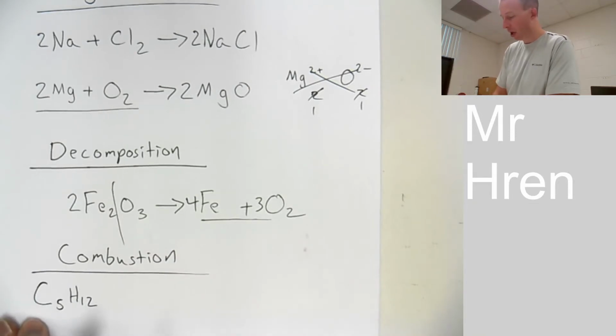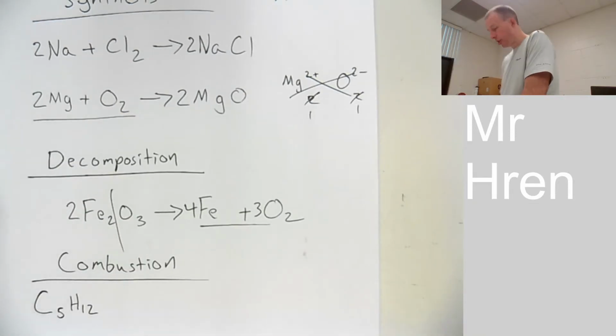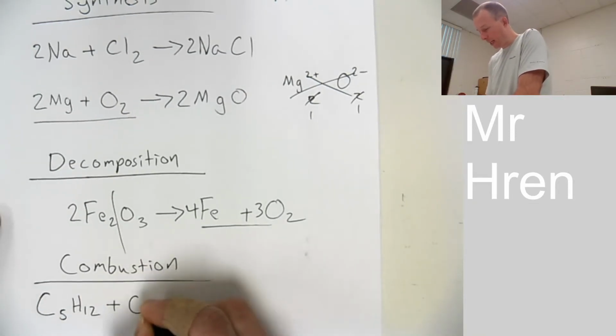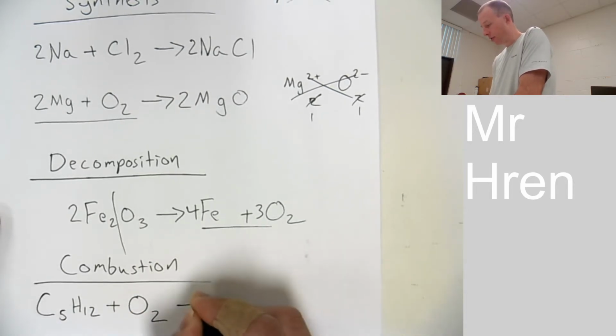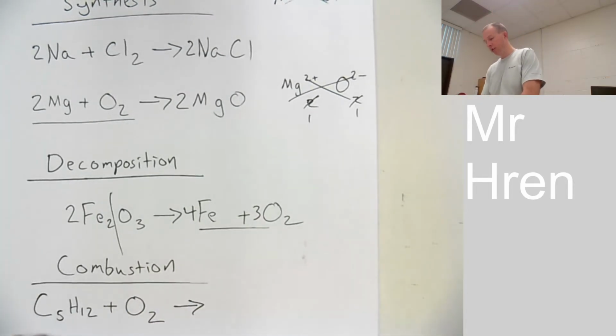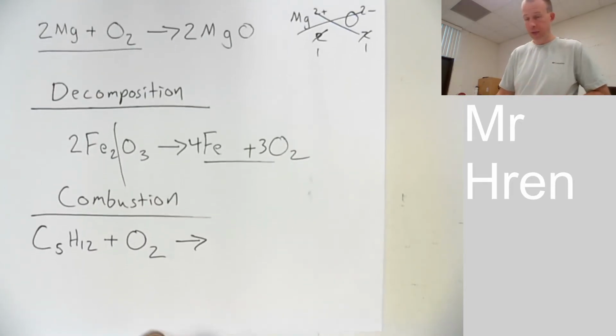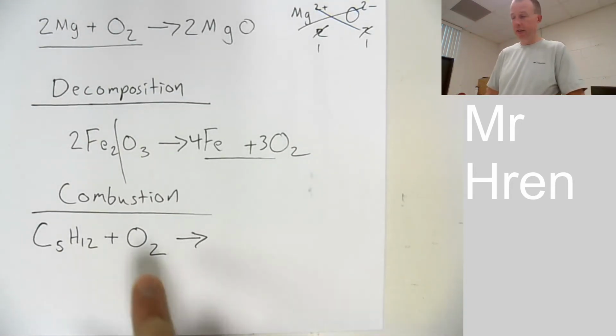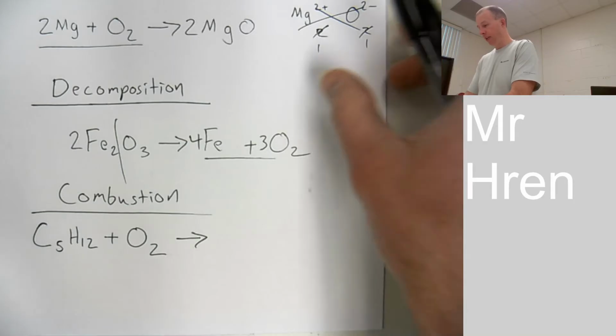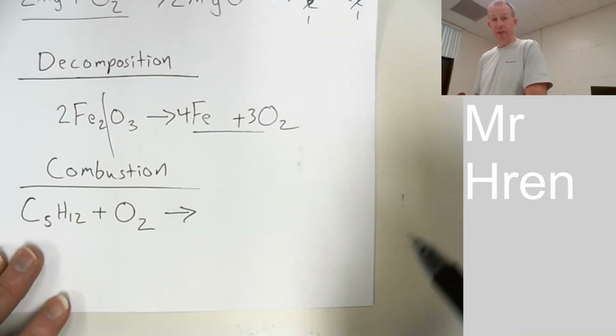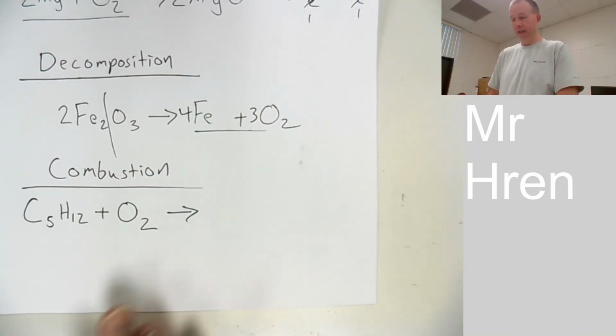That's some amount of carbon and hydrogen, and that will combine with oxygen. If you ever see a reaction that looks like this, that is a combustion reaction every single time, always automatically.